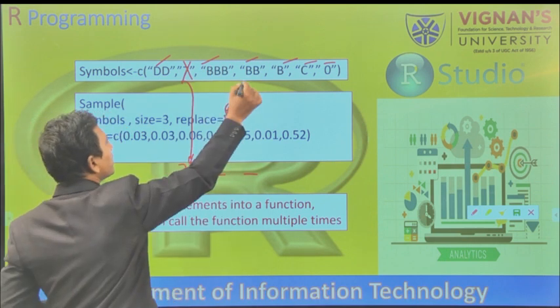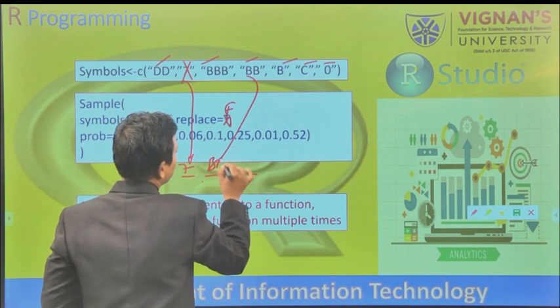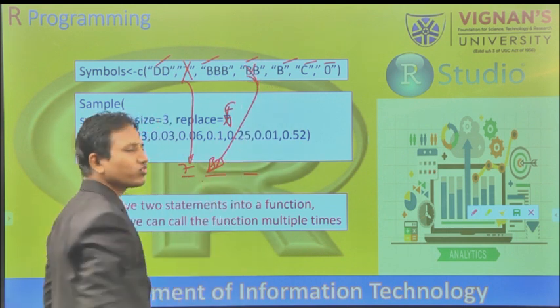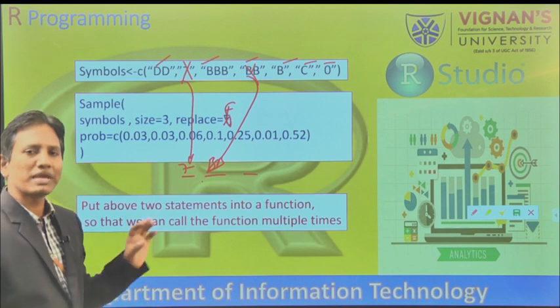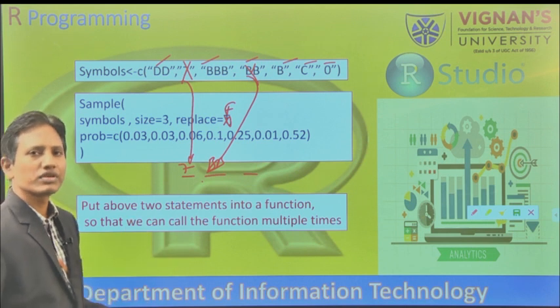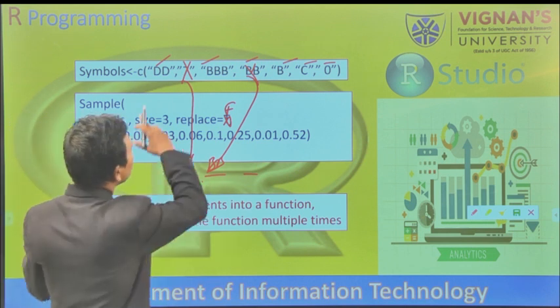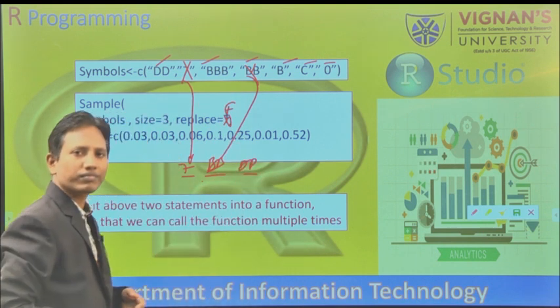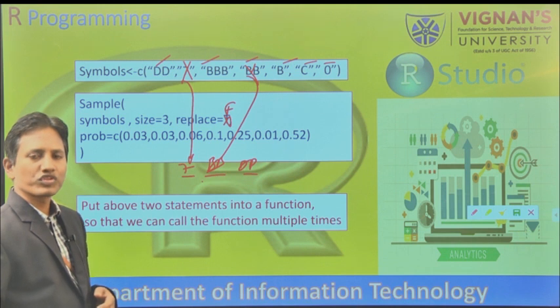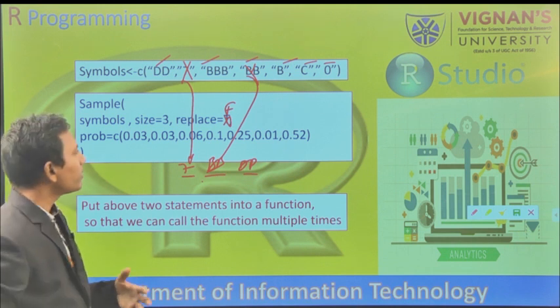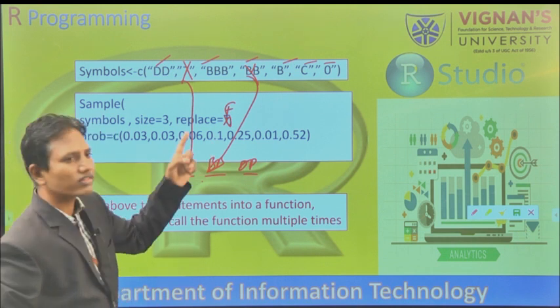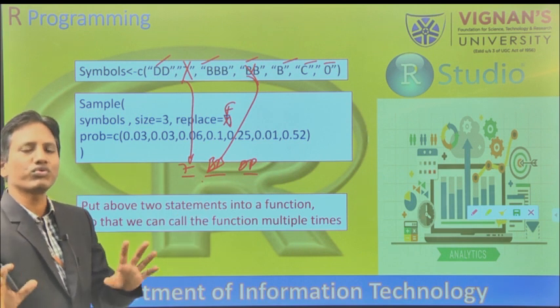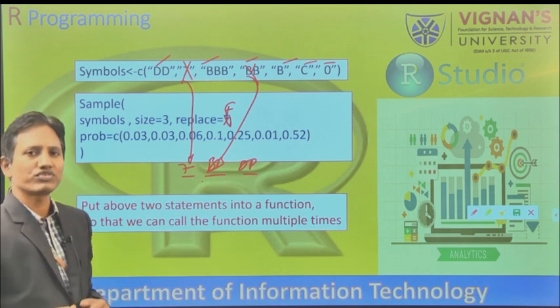So it may pick this BB. Once this is over, there is no possibility to pick that again. So it has to choose any one. So you may get DD. So when you keep this replace equal to false, there is no possibility to repeat the values.